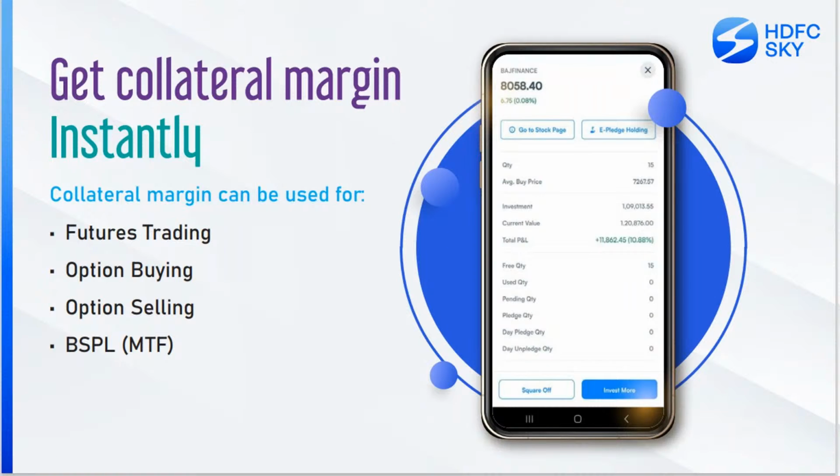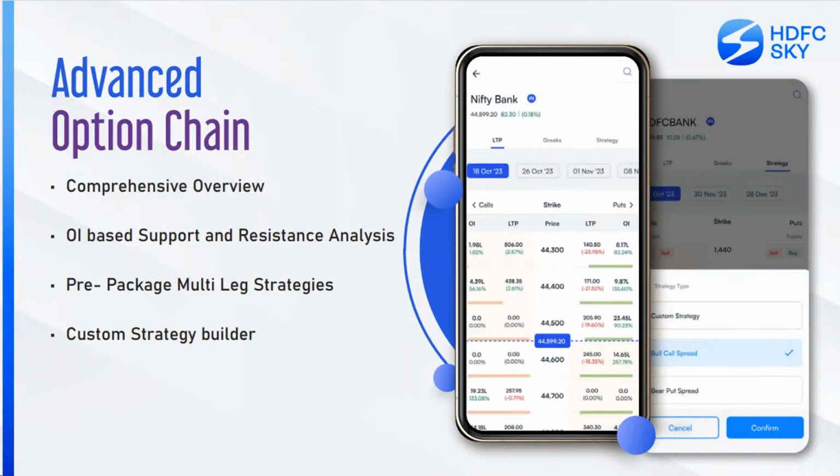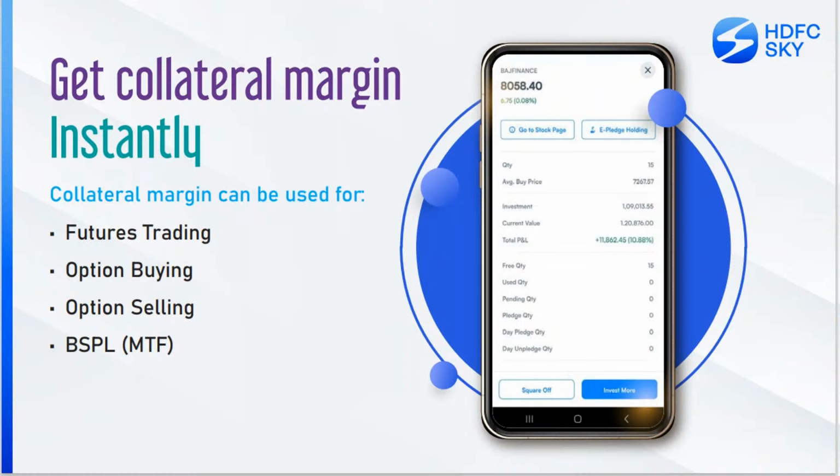One more benefit is getting collateral margin instantly. For F&O traders, it's a very useful tool. Basically, if you have a big portfolio, you can pledge some of your shares, and whatever margin you receive, you receive instantly once you pledge the portfolio, and you can trade in the derivatives market without any waiting period.